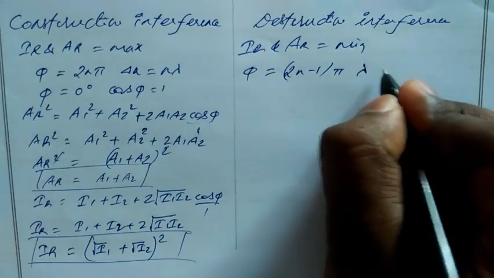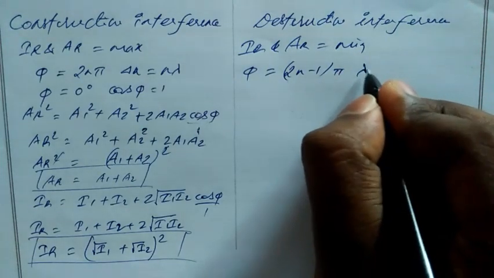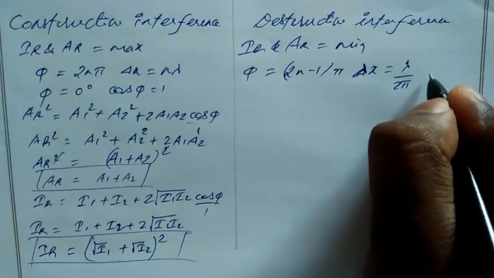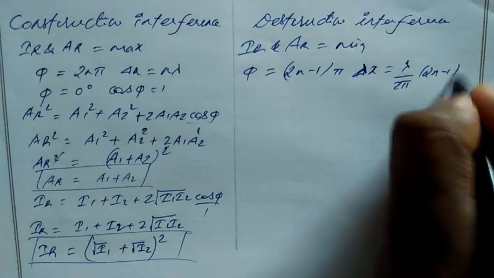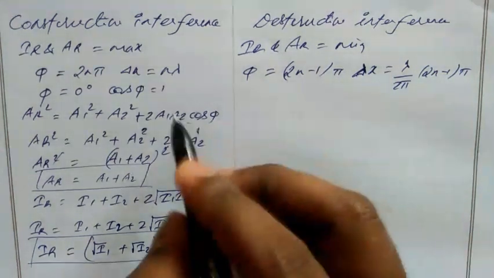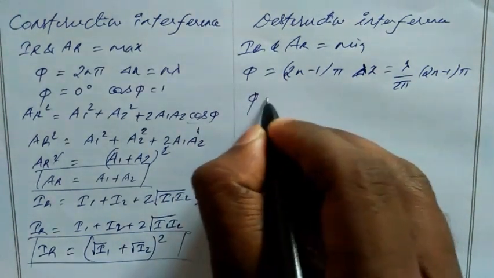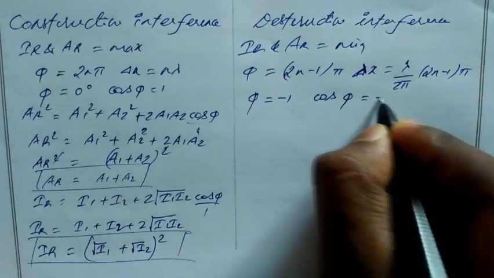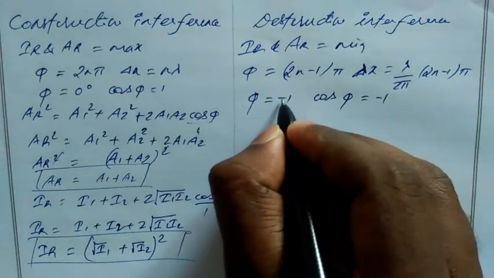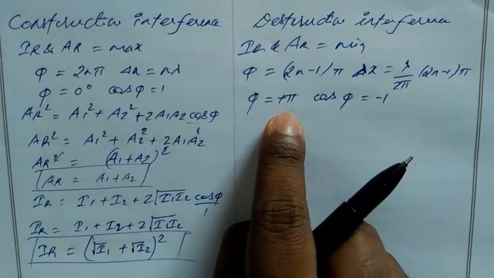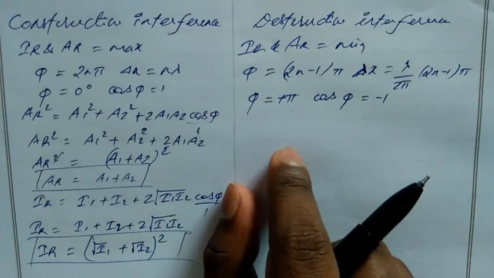Path difference, sorry, del x will be lambda by 2 pi into 2n minus 1 into pi. Then the value of cos phi will be minus 1. The value of phi will be pi. If we take phi equal to pi, that is 180 degree, then we have cos phi equal to minus 1.